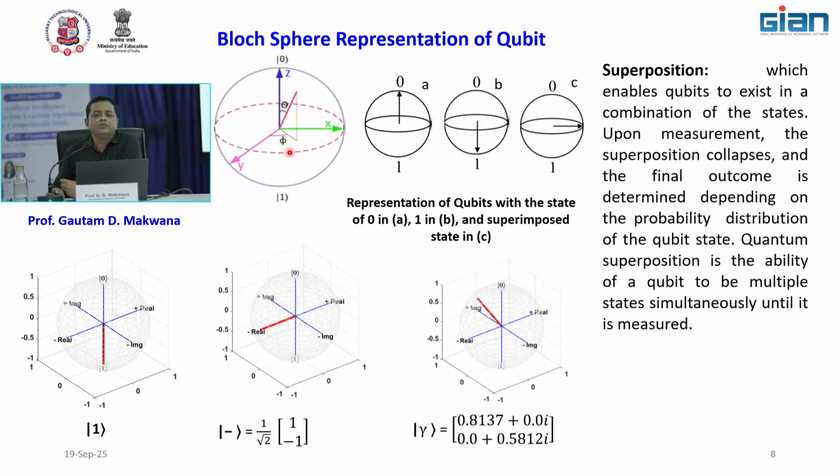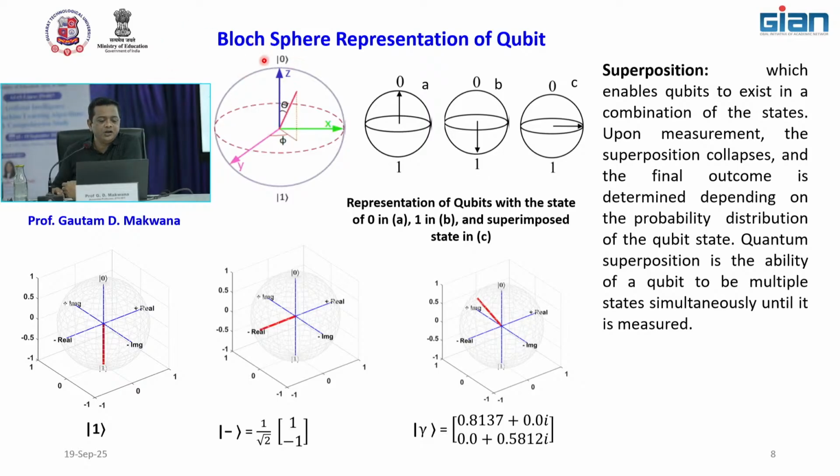Based on superposition, entanglement, and interference, there will be a change in the probability distribution in the complex numbers, and this can be represented by phi and theta. So this is one way we represent the qubit on the sphere.